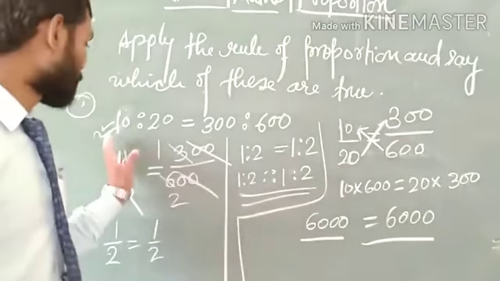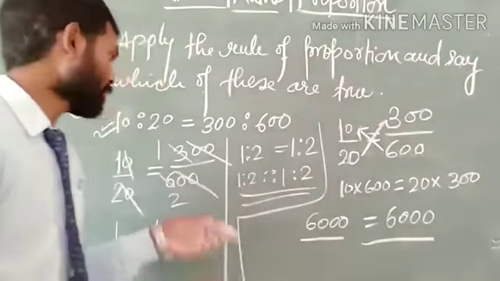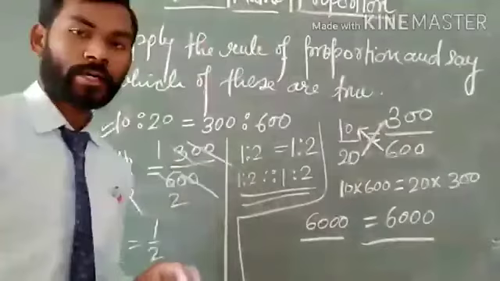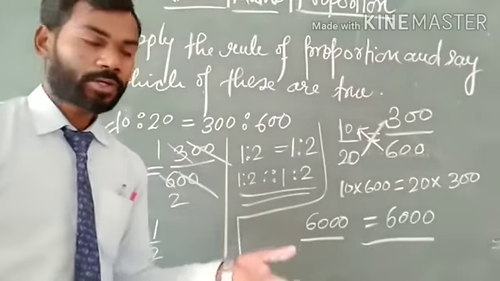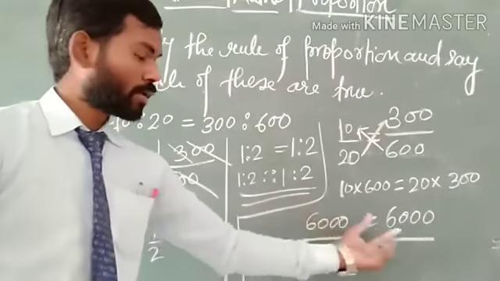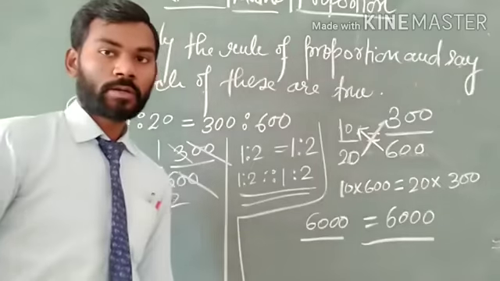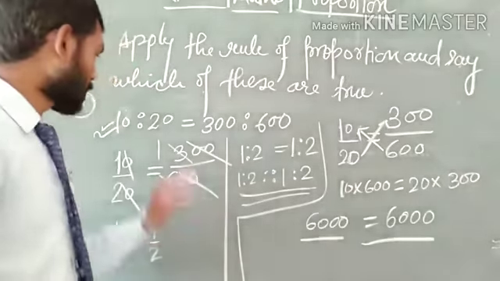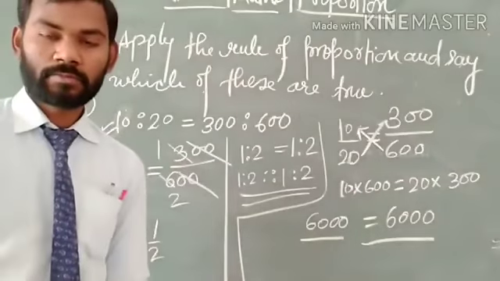Since 10 and 600 are the extreme points, 20 and 300 are the mean points, and the product of extreme points and the product of mean points are equal, which means that the given ratios are in proportion.